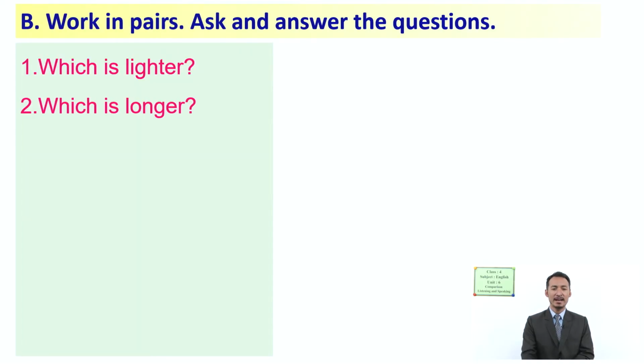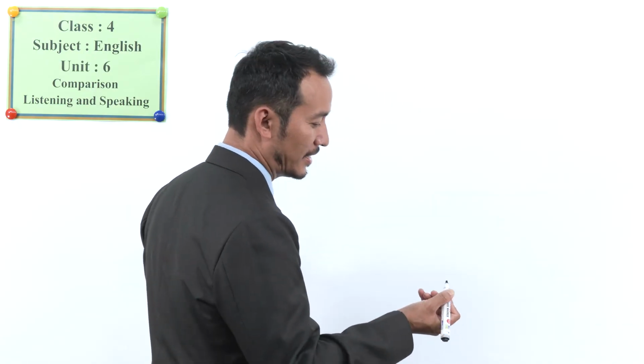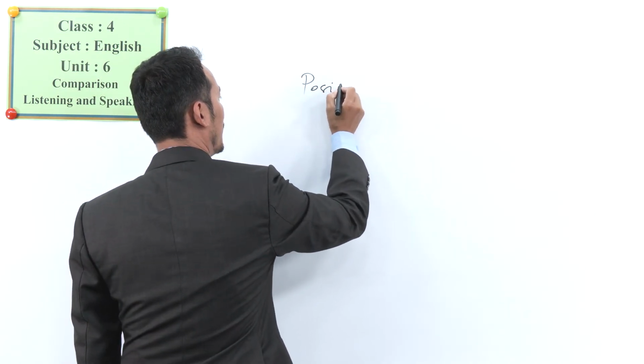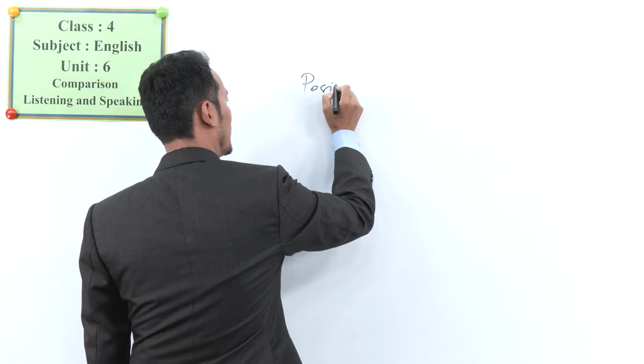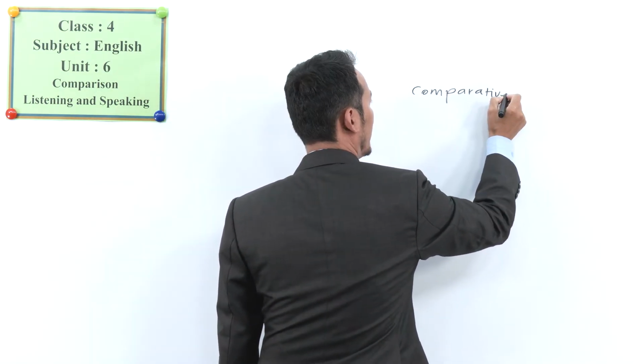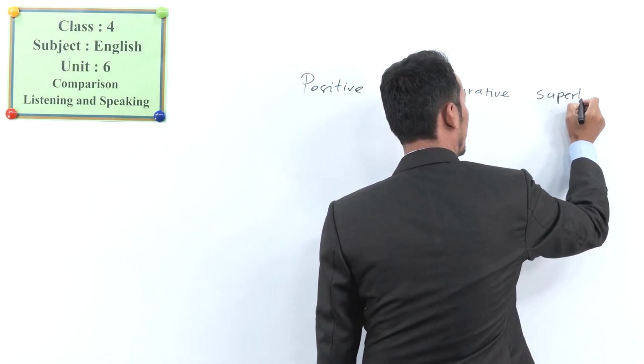Likewise, we have different other comparative and superlative words. You can ask your teacher as well. I'll show you some of the words. So we have the basic form of adjectives, which we call positive, and we have comparative, and finally, what do we call? Superlative.